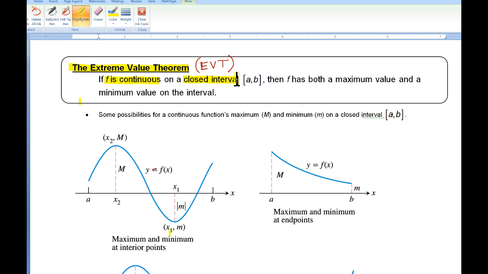Is it satisfied? So if you have a continuous function, which we should now remember what that means, right? And it's on a closed interval, so you can't have any holes, you can't have a jump, you can't have a vertical asymptote. Then f has both a maximum and minimum.